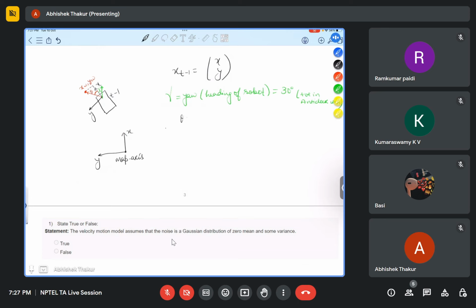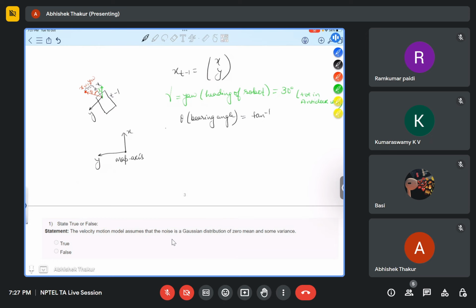So our theta, that is the bearing difference, or you can say bearing angle, is one of the parameters in the pure pursuit algorithm. So this theta will be tan inverse of this quantity.